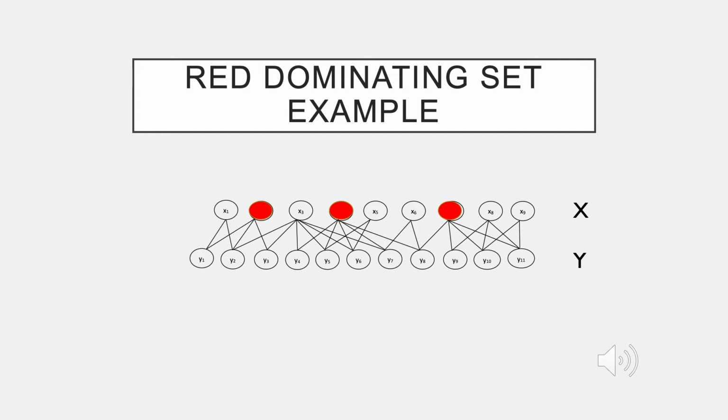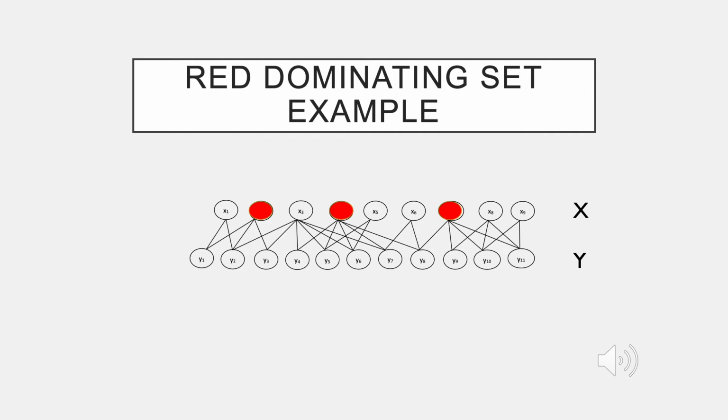If D is an MCRD set, then the X vertices in the set cannot have neighborhood containment. Otherwise, D is not minimal. For example, x1 and x2 cannot be in the same MCRD set. The second observation is that neighborhoods of two consecutive X's in the dominating set are consecutive in Y. Otherwise, some vertices in Y are not dominated.